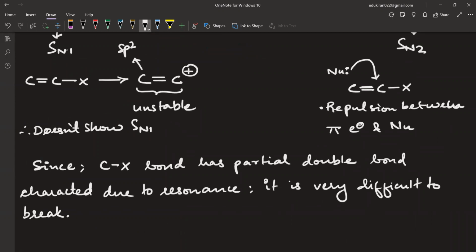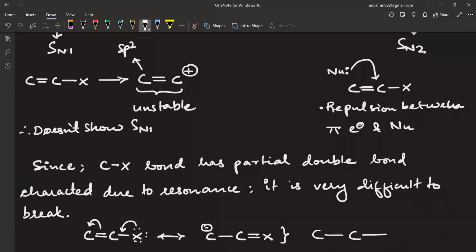So what is the resonance? You have C double bond C with X. X has lone pair electrons. This lone pair can do resonance like this, giving a single bond C and a double bond to X. In the resonance hybrid, both of these bonds will have delta negative here also, this will be delta positive, and this will be delta negative.